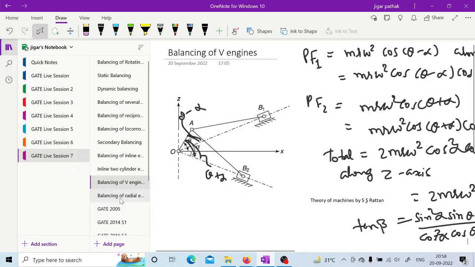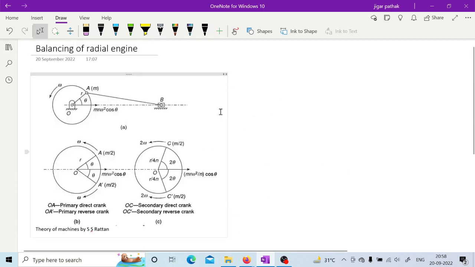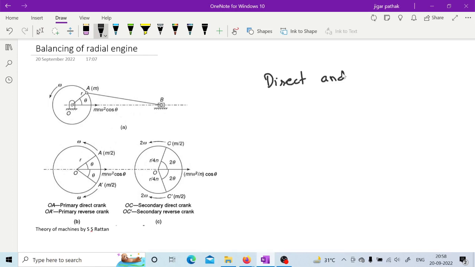And finally, balancing of radial engine. In balancing of radial engine, they are using a method of direct and reverse cranks. Suppose OA is the direct crank, OA dash is the reverse crank. OA is moving in anti-clockwise direction, OA dash is moving in clockwise direction.